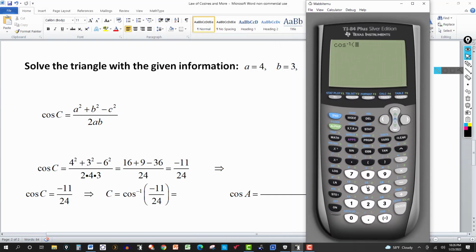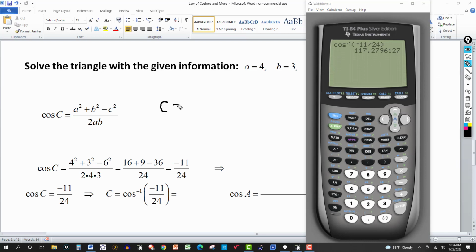Use cosine inverse of negative 11 divided by 24. Hit enter. And that gives me 117.3, rounded to one decimal place.